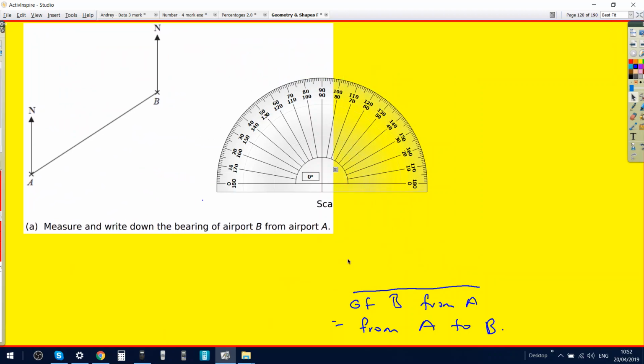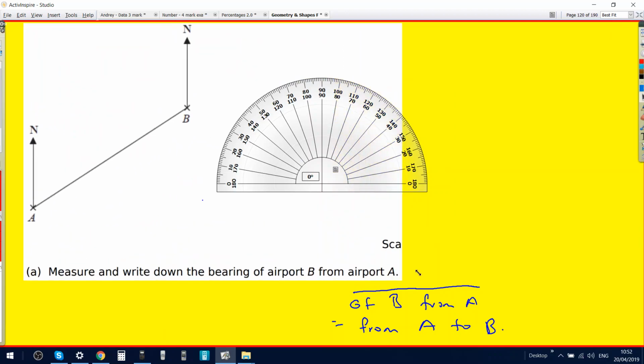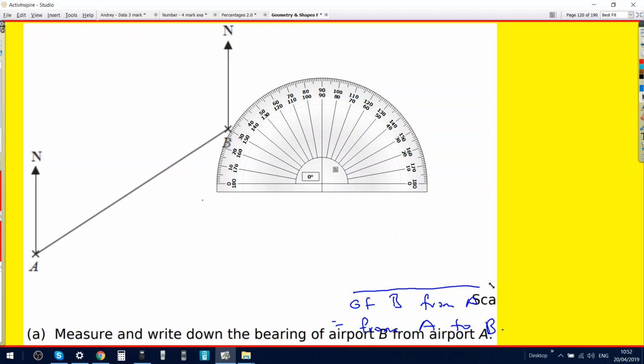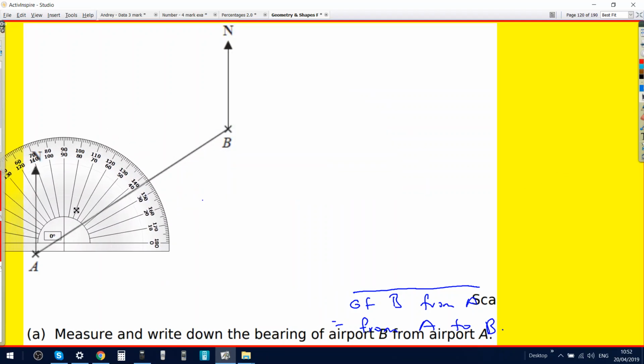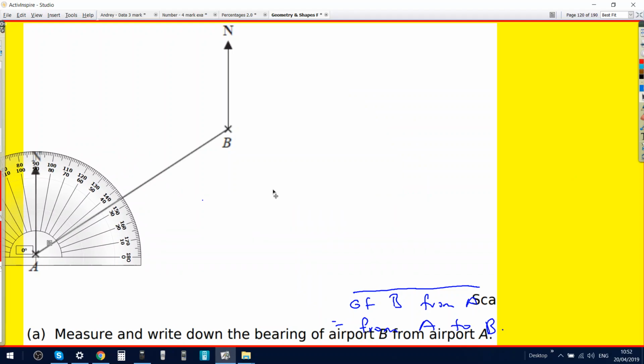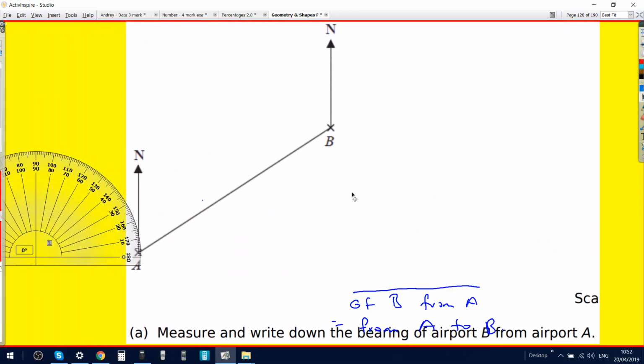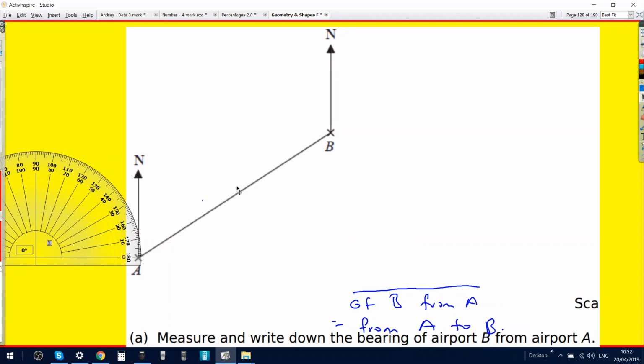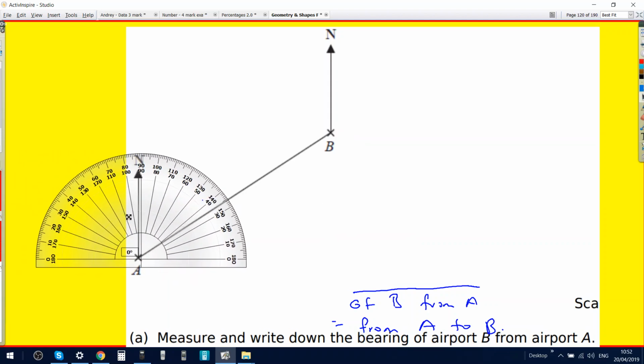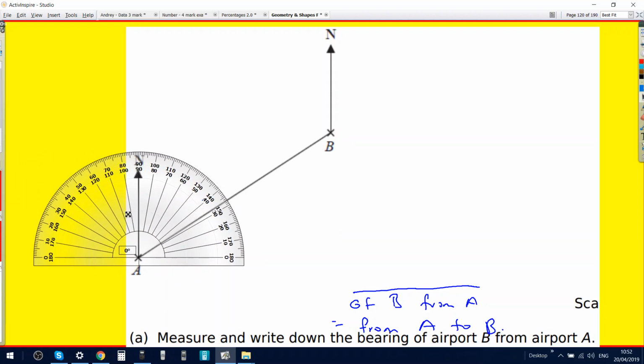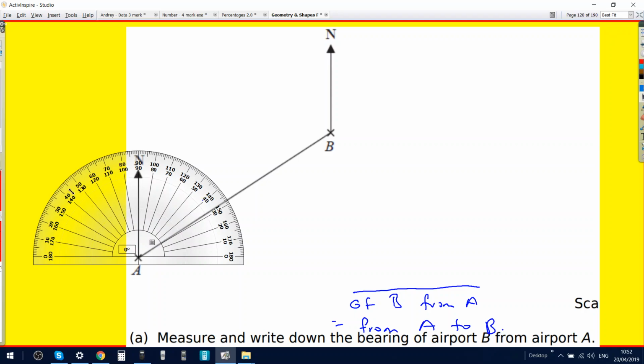So if I make this bigger. Like that. Let me move this over a bit. Okay, so put that on the X, line it up with 0.